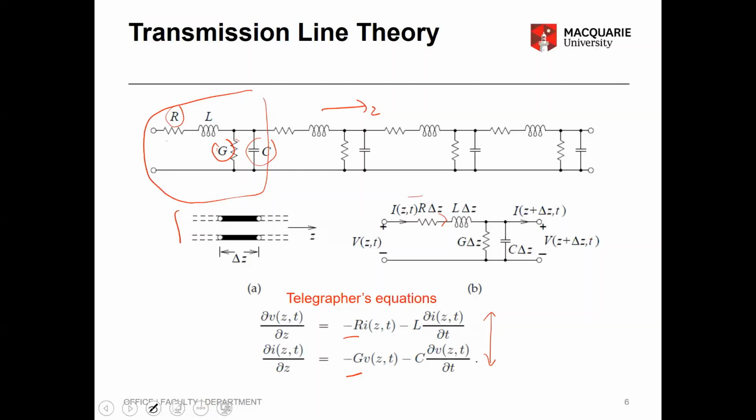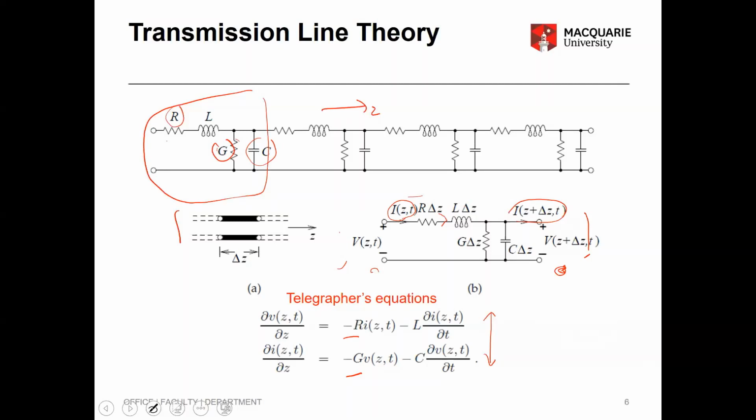So we're trying to find a relationship between V(z,t) at the input voltage and the output. If you know this voltage after delta Z, we can find this voltage here. If you know this current here, we can find this current here.